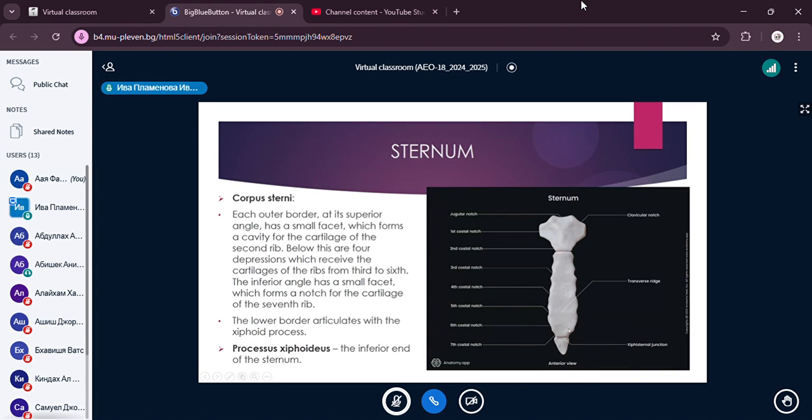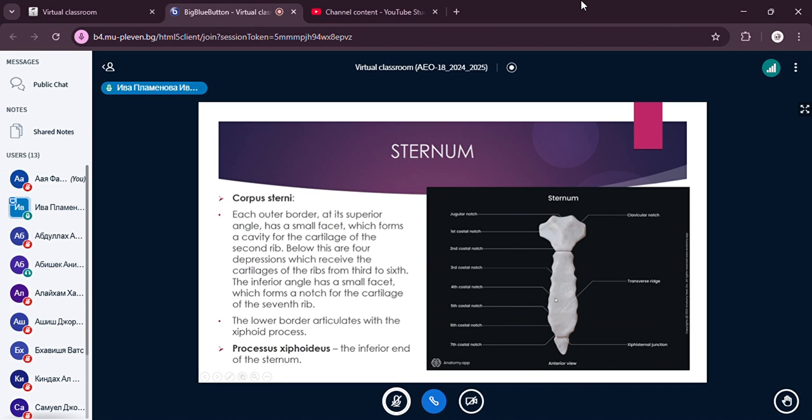What we have to know about the body. We have what? Of course, facets for the ribs from third to sixth.